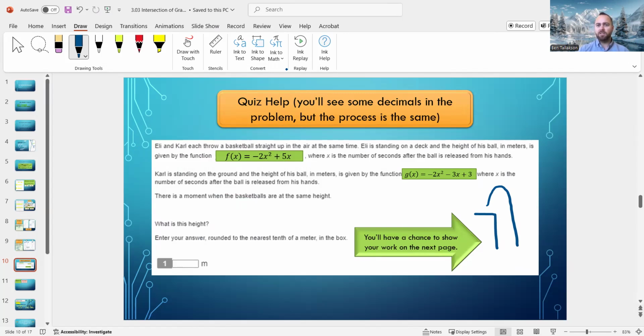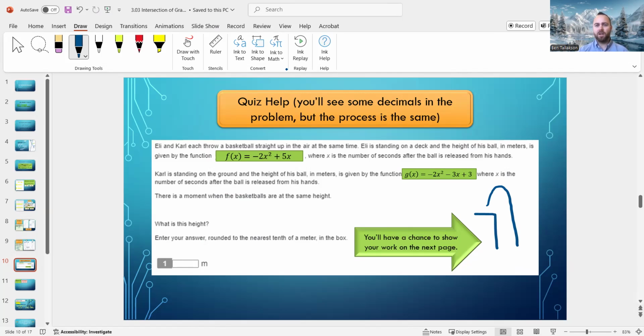X is the number of seconds after the ball is released from his hand. So we could put in different amounts of seconds to find out exactly where the ball is at any time. And it makes sense that this is a negative parabola, because it's upside down, like the motion of a ball being thrown into the air. Very useful for those types of situations.